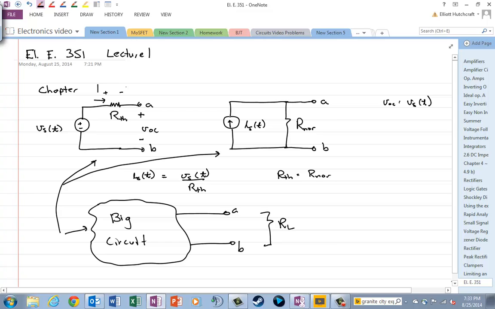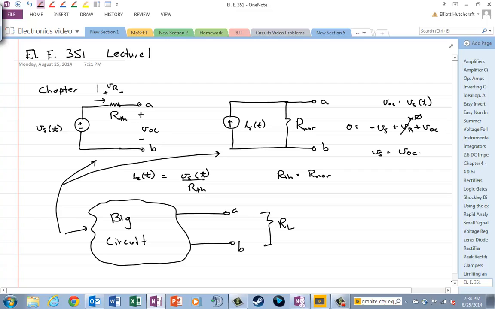Well, if the current is 0, that voltage drop is 0, and so if I want to call this VR, we can always write an equation: minus Vs of t plus VR plus VOC equals 0. And so if VR goes to 0, that leaves us with Vs is VOC. So that's exactly what I said.